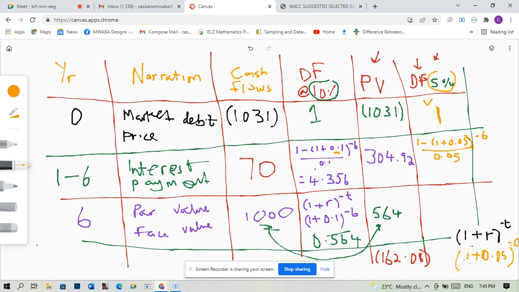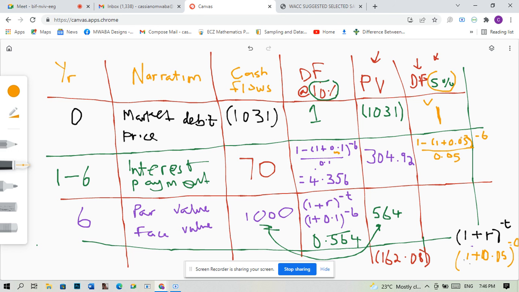Let me do the calculation. 1 plus 0.05 is 1.05, and 1.05 to the power negative 6 gives us 0.7462.